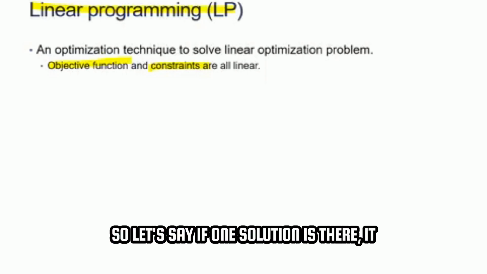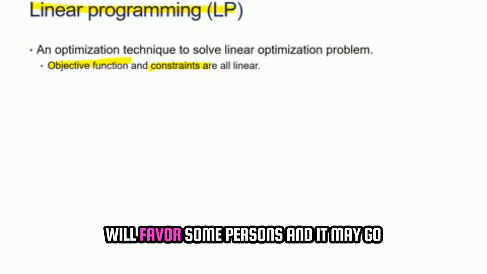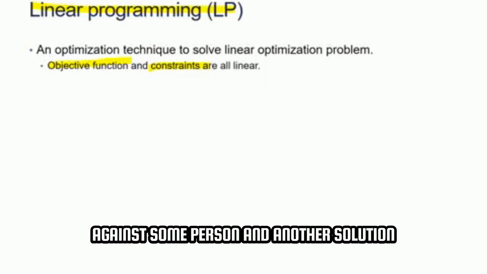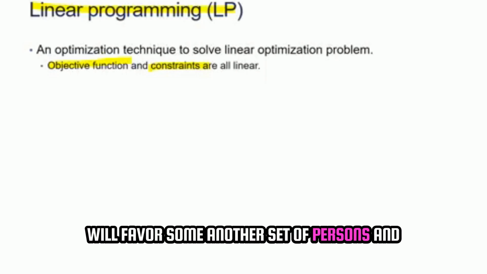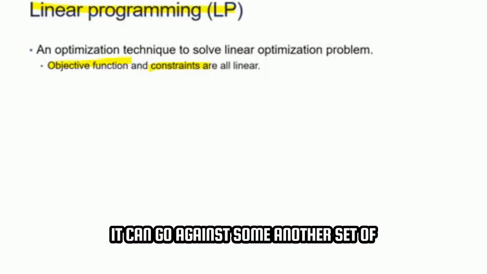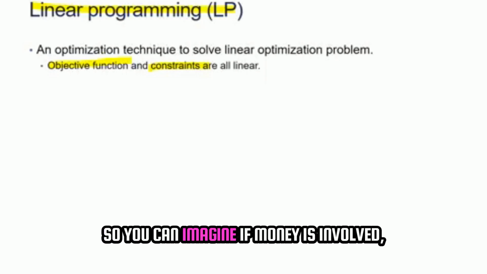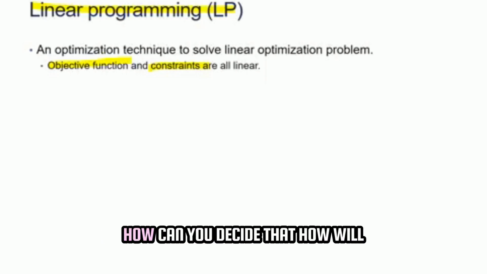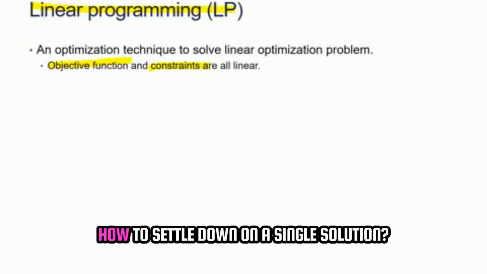So if one solution is there, it will favor some persons and it may go against some other persons, and another solution will favor another set of persons and go against yet another set, right? So you can imagine, if money is involved, how can you decide? There will be a big fight over how to settle on a single solution.